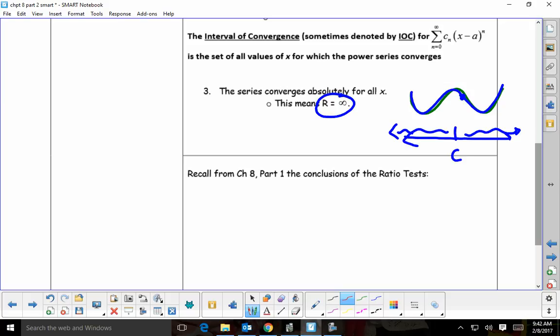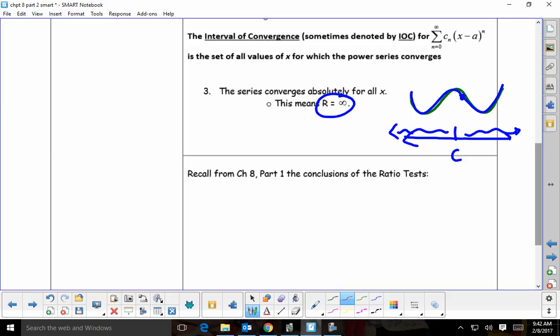Okay, what are the 3 possibilities that could happen? It can converge, diverge, or equal 0. What are the 3 possibilities of how it can match? Kellen? It could match at a point.